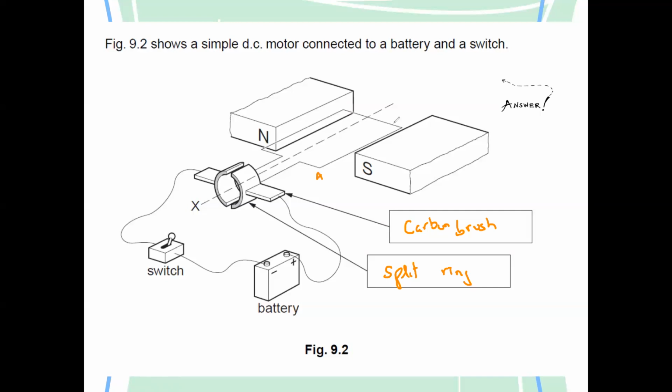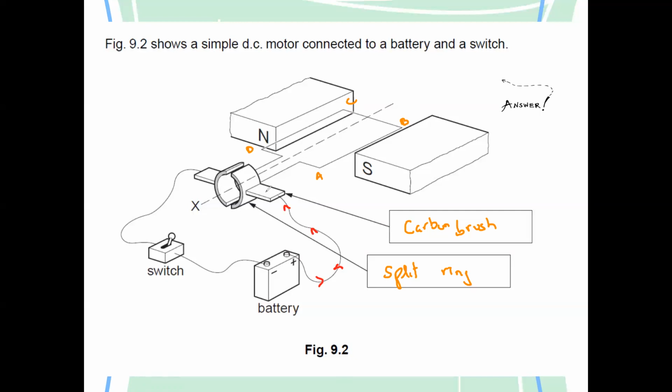So this one is A, B, C, and D. Now, how to work out the direction of the force? It is important that you identify the direction of the conventional current, which is always from positive terminal to negative terminal. So this is a positive terminal, so current starts to flow out from a positive terminal.